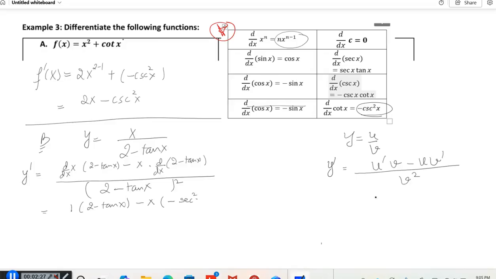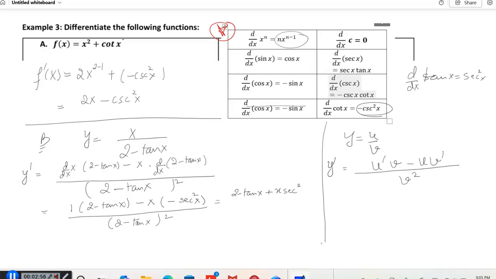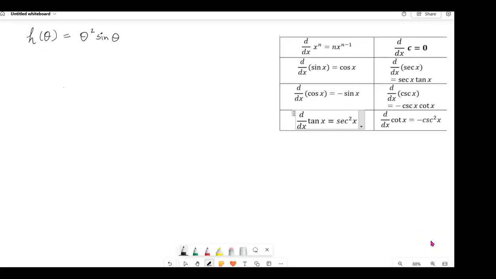Derivative of tangent is secant square x. I'm going to write it here to remind you. Divide the whole thing by 2 minus tangent x whole square. Let's open this up: 2 minus tangent x, negative, negative, positive, x secant square x, divide by 2 minus tangent x whole square.